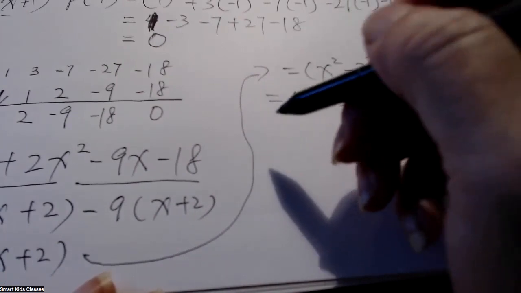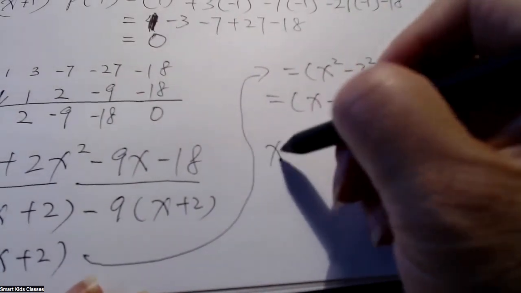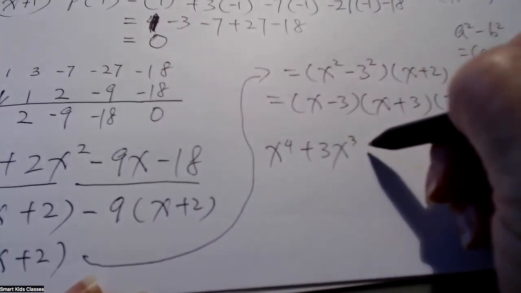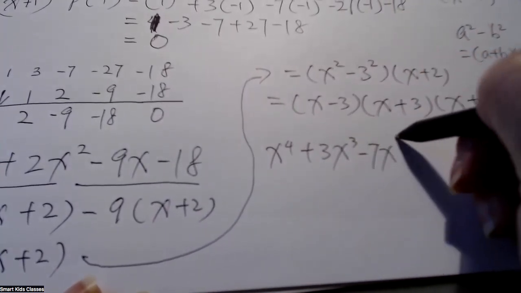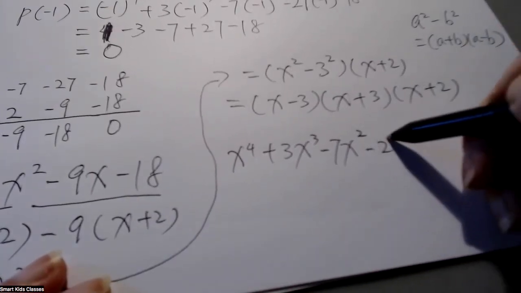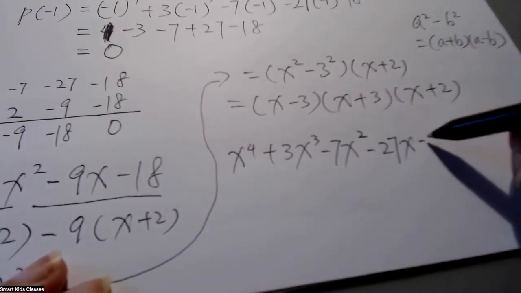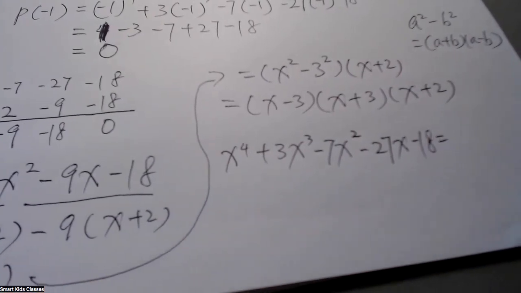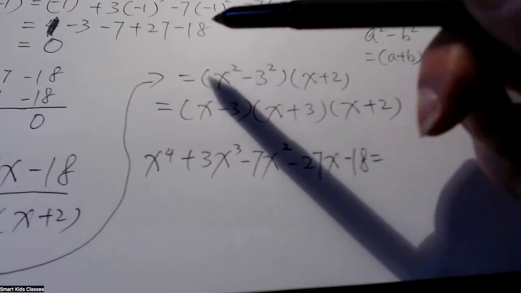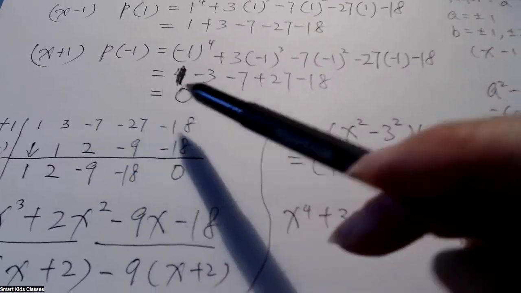So we're going to write the original function, x exponent 4 plus 3x exponent 3 minus 7x exponent 2 minus 27x minus 18. So what are you going to get? You get these three factors plus the one, x plus 1.